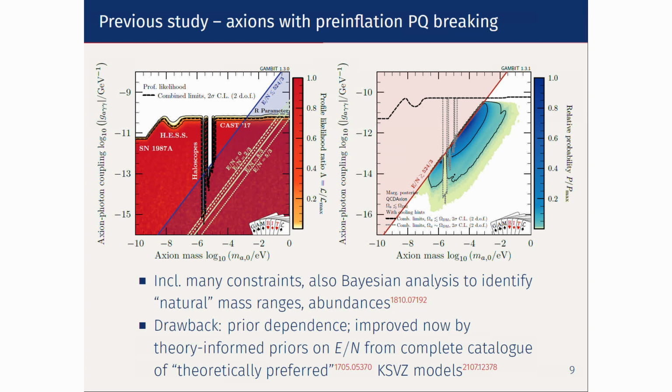What my former master's student Weishak and I have done is to catalog, for the KSVZ case, all the theoretically preferred models, as you can see here. From this catalog, you can also come up with more physically motivated priors for this E/N ratio, so that takes care of some of the issues.